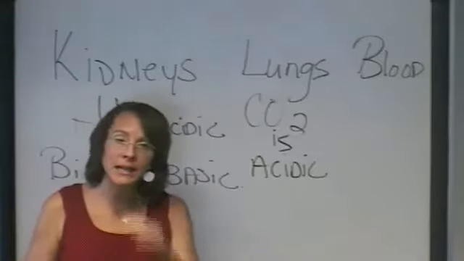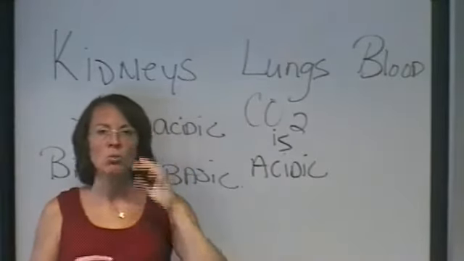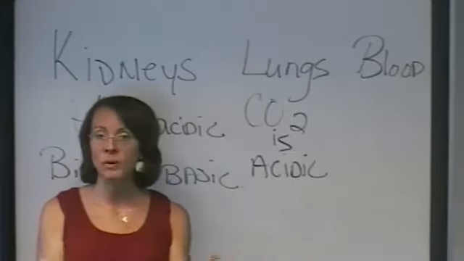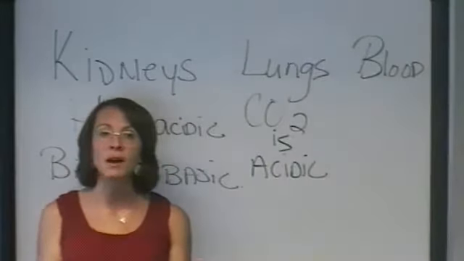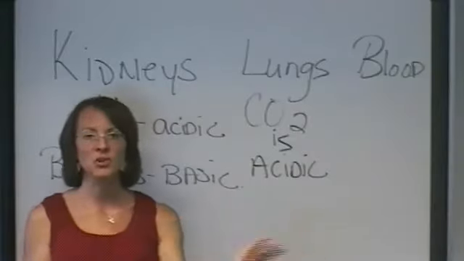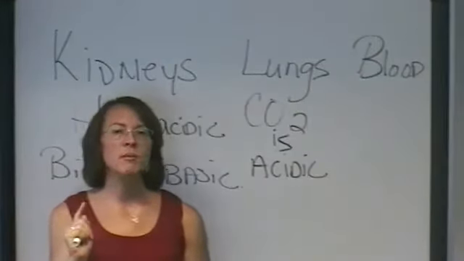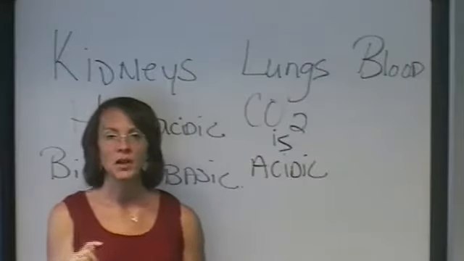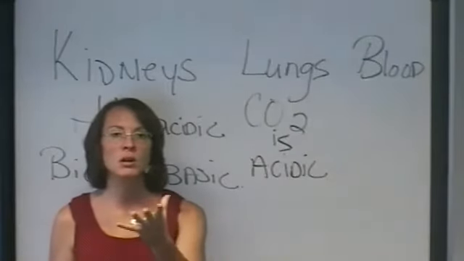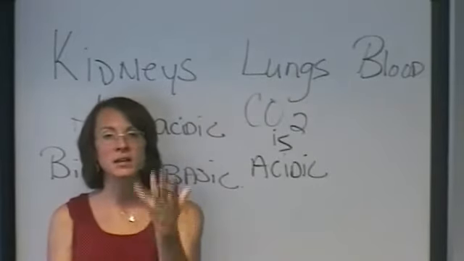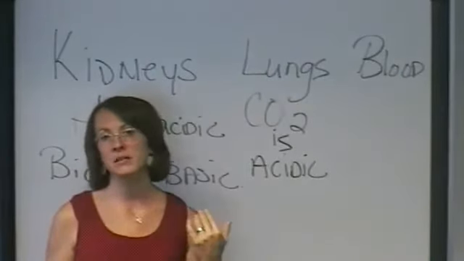If the body becomes too acidic, we will start to blow more carbon dioxide off. This is the whole basis behind that breathing change with diabetics, called ketoacidosis. We'll get into it in the future. So the only thing you need to remember in the lungs is carbon dioxide. If you become too acidic, you'll blow more carbon dioxide off. If you become too basic, you'll actually slow your breathing.